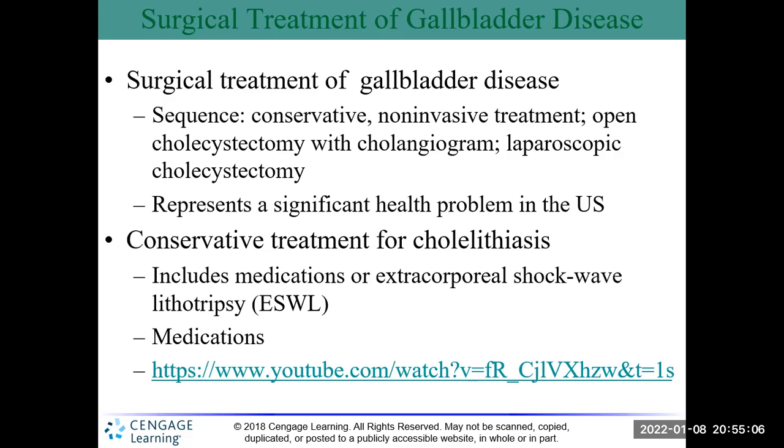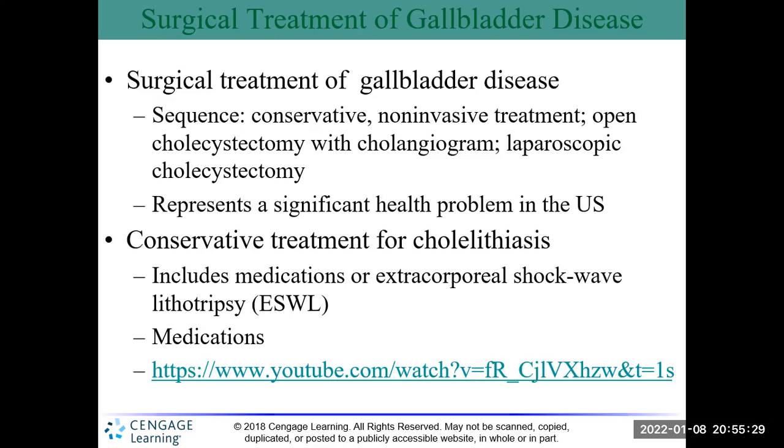Now, I've also done another video for the ESWL, which is the extracorporeal shockwave lithotripsy. So this is a very conservative treatment for cholelithiasis, of course, which is gallbladder stones, not kidney stones, gallbladder stones.